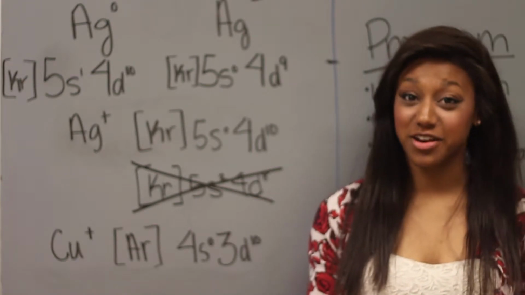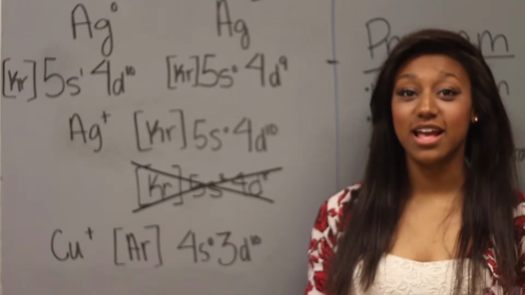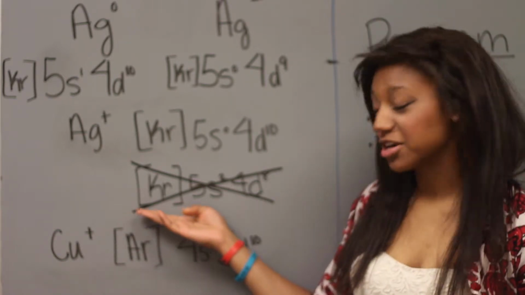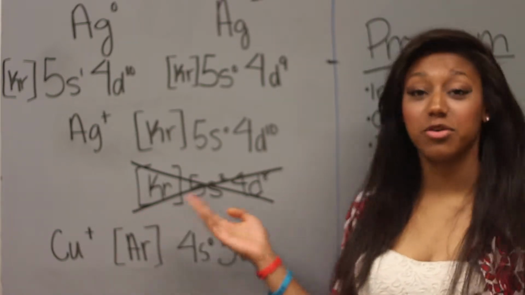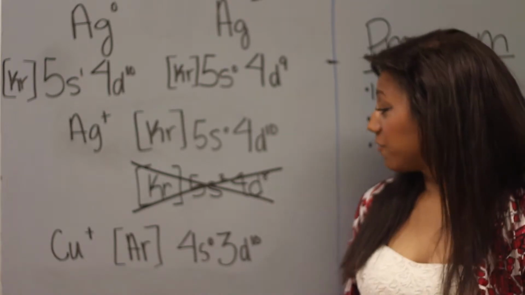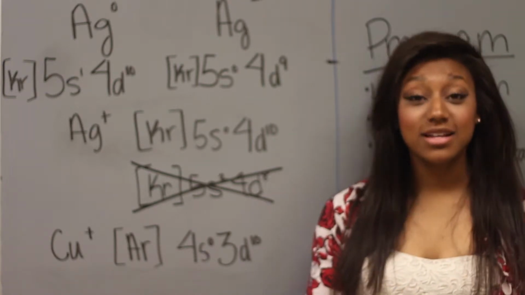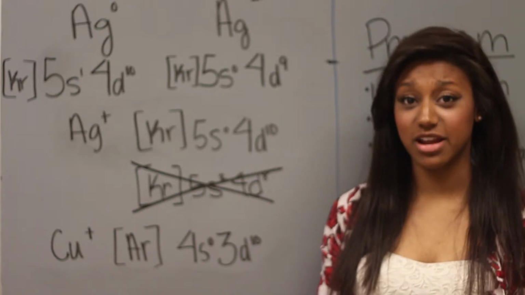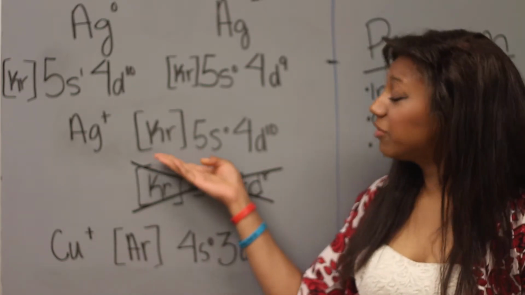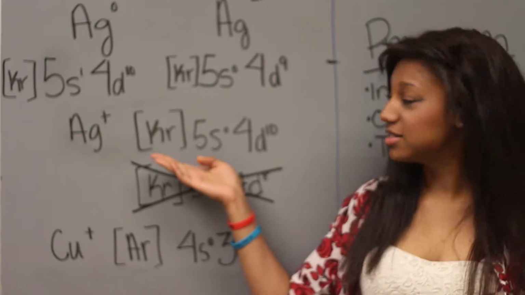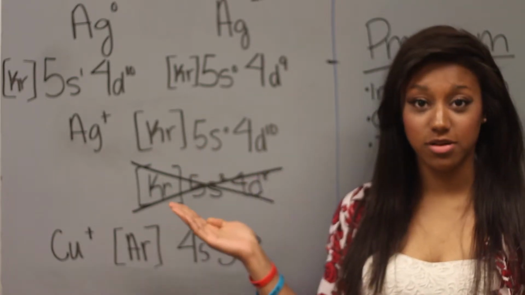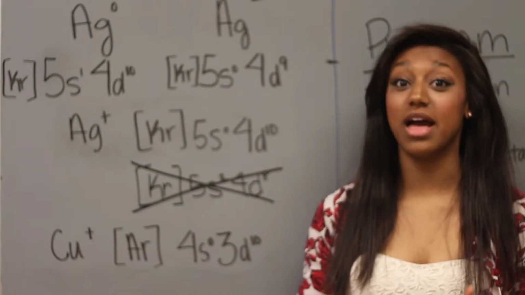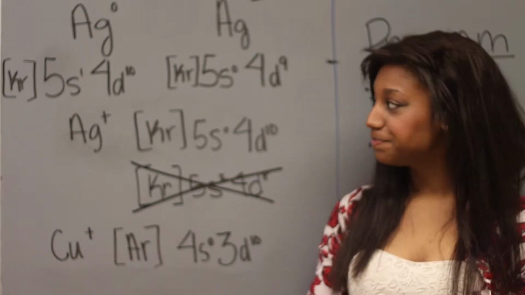Although electron configurations would normally say that silver, a transition metal, would have an electron configuration like this, where it would be 5s2, 4d8. Because having a nearly full d orbital is not very stable, it will funnel its s electrons into its d orbital, so that way it has a full d orbital, even though the s orbital is still empty.